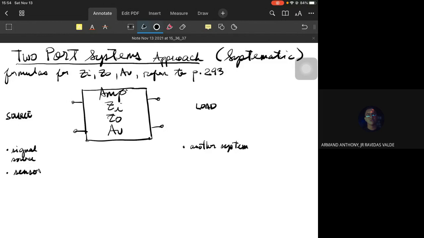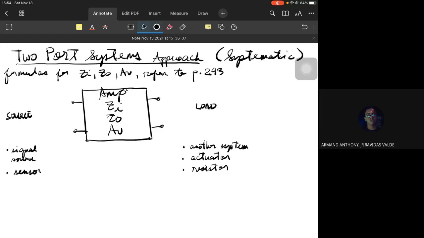The counterpart of the sensor on the load portion is an actuator. Or it could be a plain resistor as the load. So there are many things that can be connected to the load and even to the source.